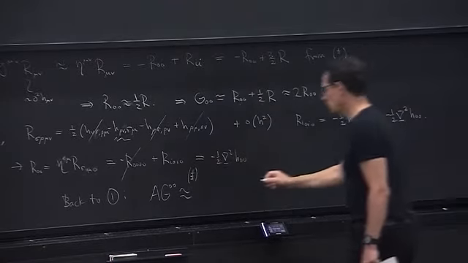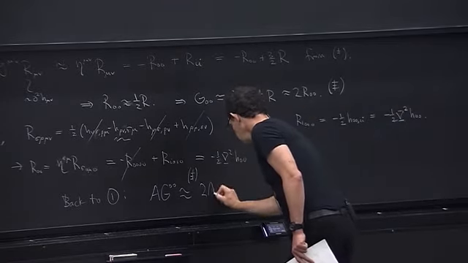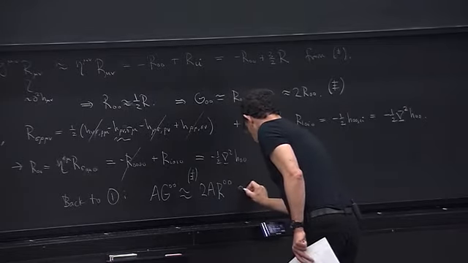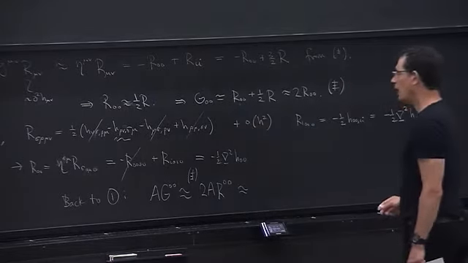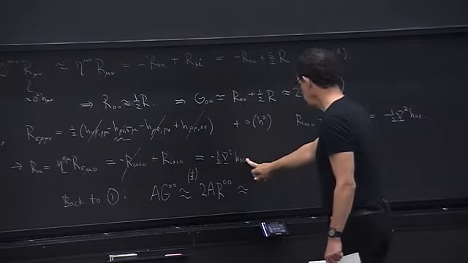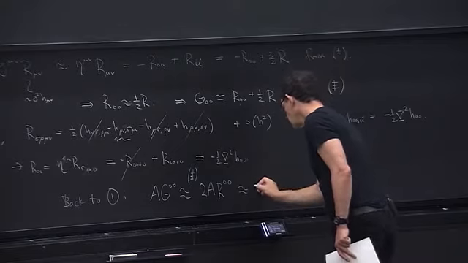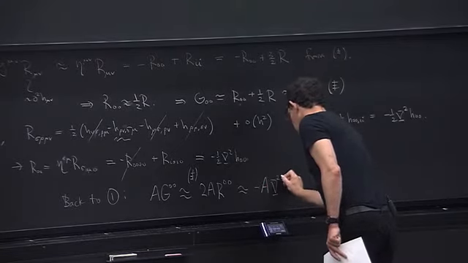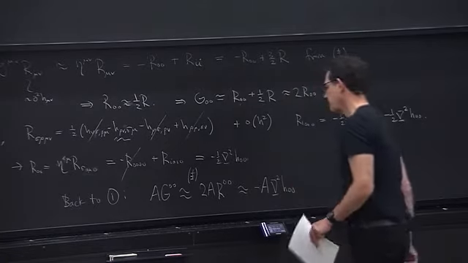So this equation is 2a r00, which, now r00, we've just worked out, is minus 1/2, so I've got minus a del squared h00.